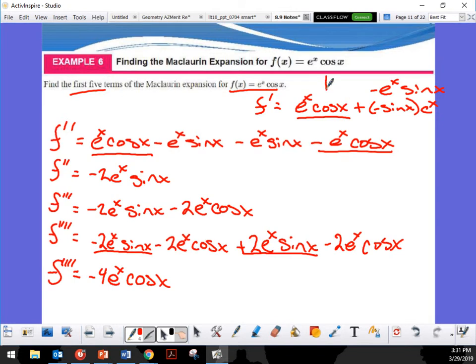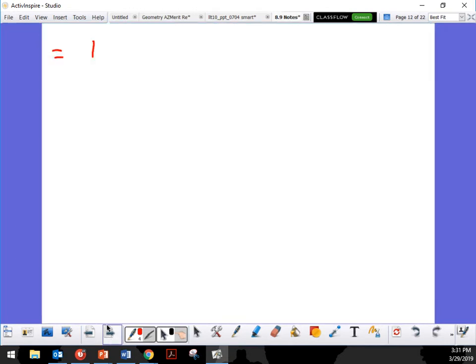This piece is 0, right? 0 and 1 is 0. So I get 1 here, right? Okay, so this is positive. Okay, good. All right, so it's plus 1, right? So that's my function, or my derivative, and it's x to the 1 over 1 factorial.